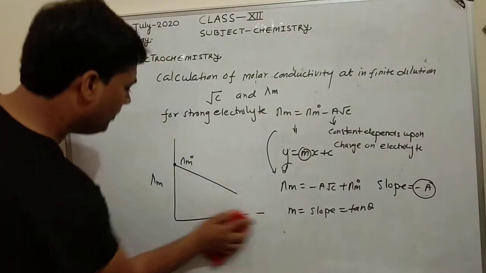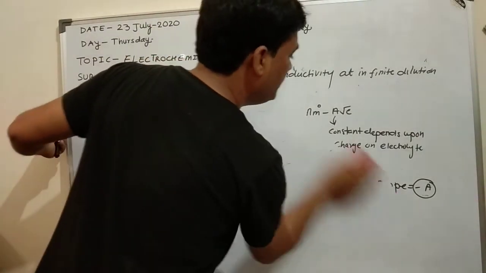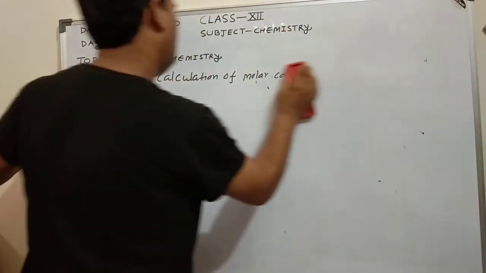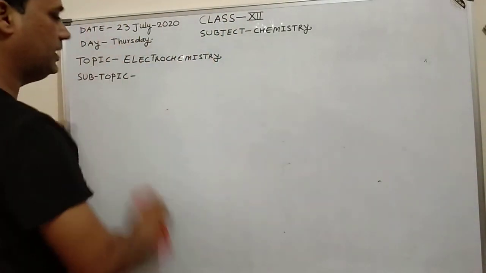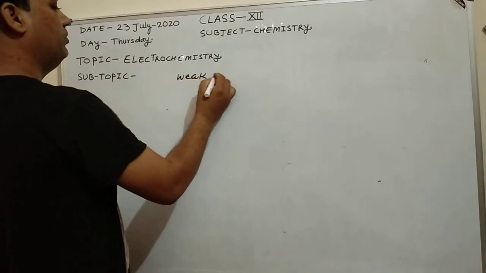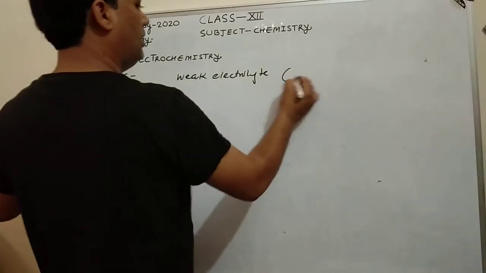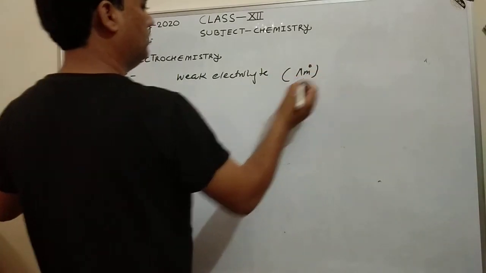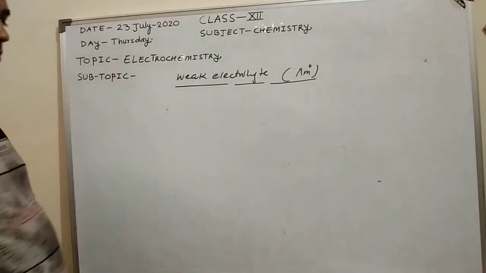But what will happen in case of weak electrolyte? In case of weak electrolyte, it is very difficult to calculate with the help of this equation. For weak electrolyte, how do we calculate limiting molar conductivity?